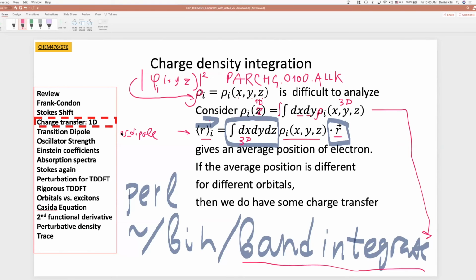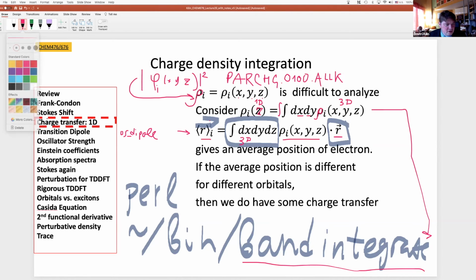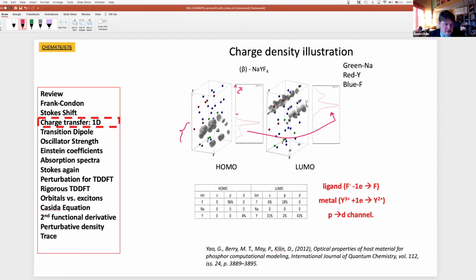So time is almost expired, so I'll just check what is next, and we'll target towards finishing. So we did consider the charge transfer, and next are transition dipole, oscillator strengths and Einstein coefficients, which I'll start, and then we will see how it goes.